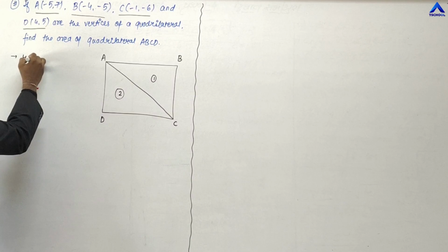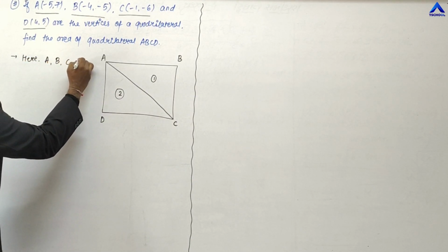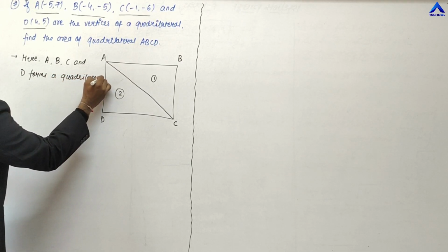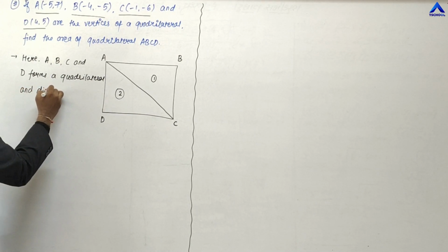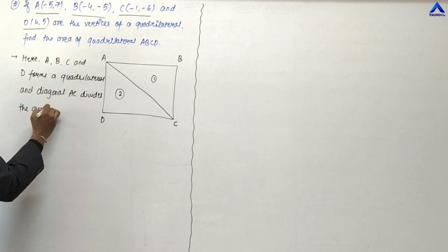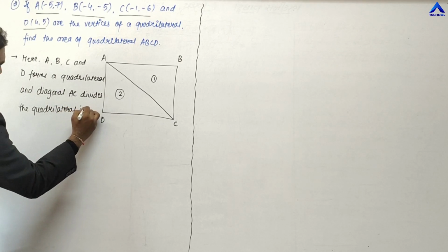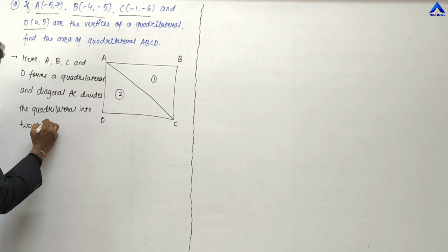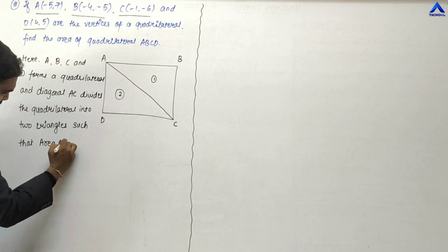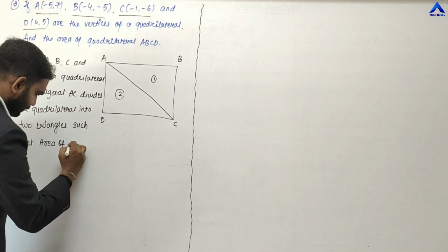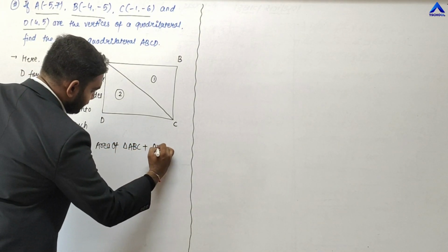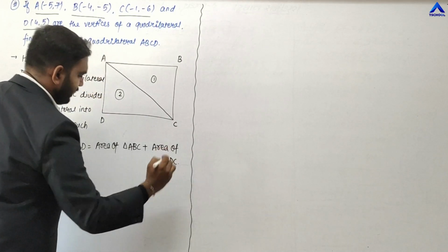So here A, B, C and D forms a quadrilateral, and diagonal AC divides the quadrilateral into two triangles such that area of ABCD is equal to area of triangle ABC plus area of triangle ADC.